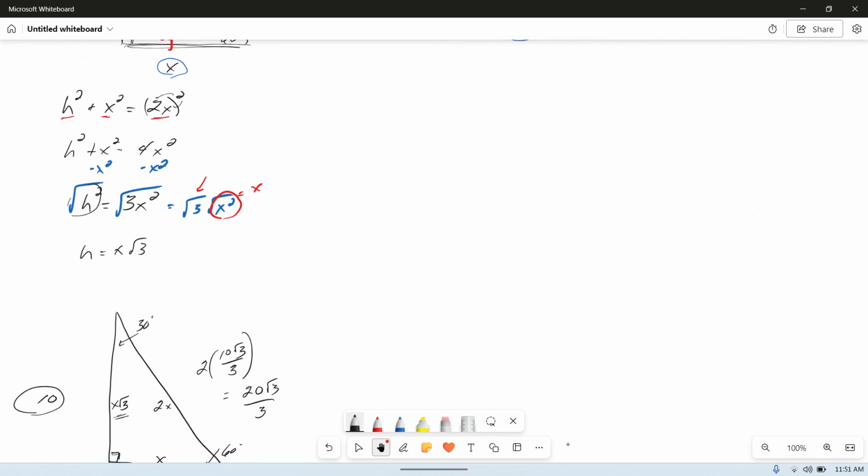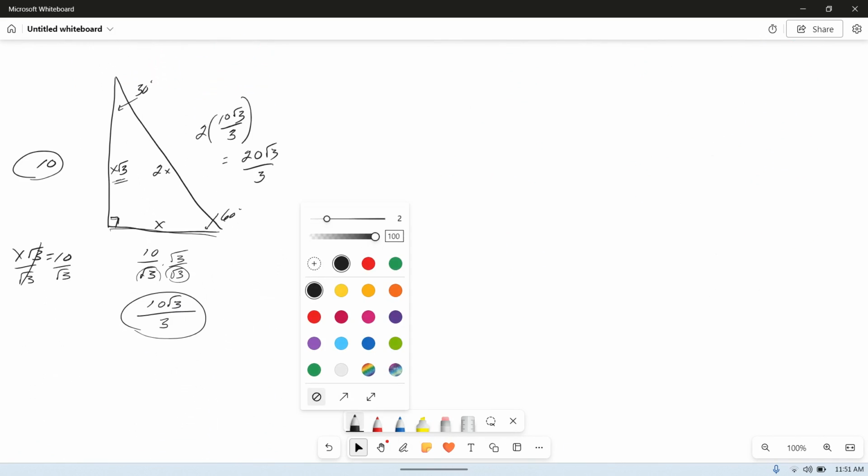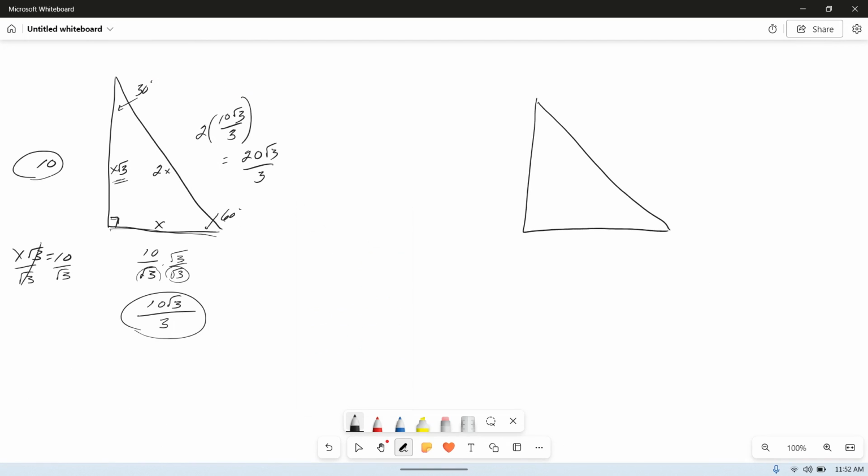How is this going to play out? Consider we have a 45, 45, 90 degree right triangle. If one leg is x, the other leg is x, the hypotenuse is x times the square root of 2. So if this leg is 5, the other leg is 5, and the hypotenuse is 5 times the square root of 2.